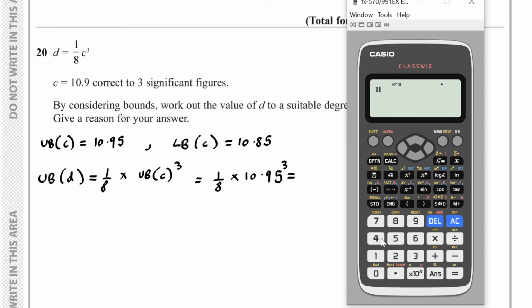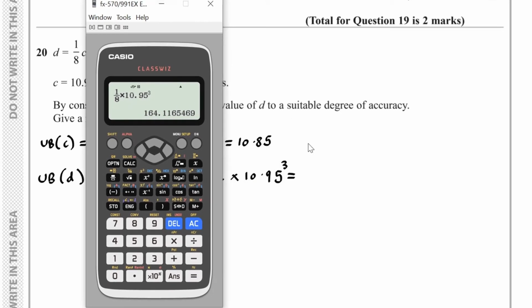Turns out we get over here 164.1165469, and I recommend you write all the digits.